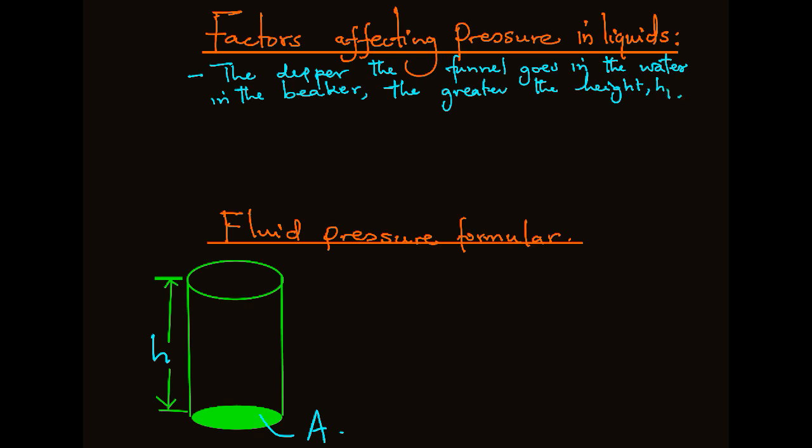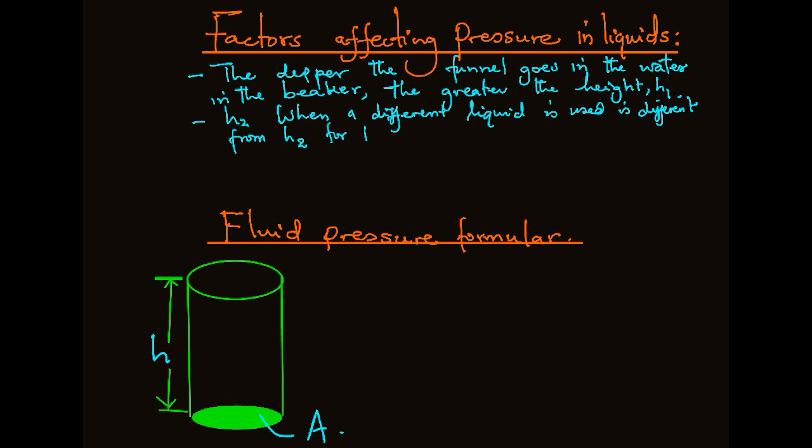So if this one is h1, then h2, when a different liquid is used, is different from h1 for the same depth of the funnel into the beaker, depending on the density.